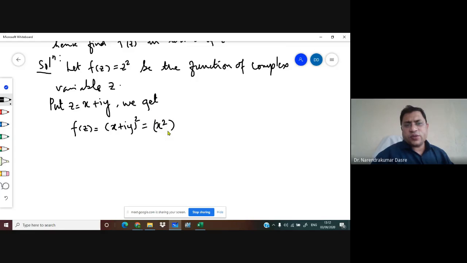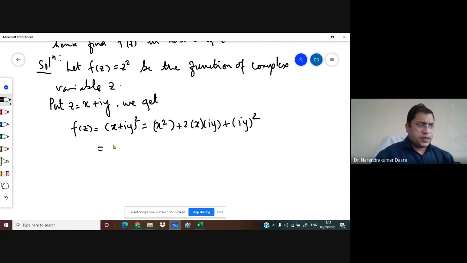So it is going to be x square plus 2x iy plus (iy) whole square, since (a plus b) whole square is a square plus 2ab plus b square.